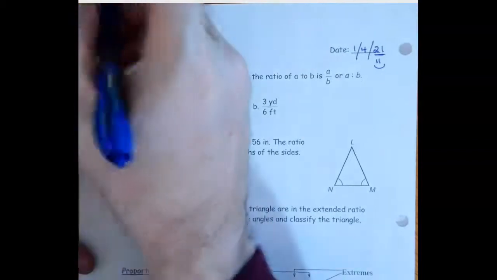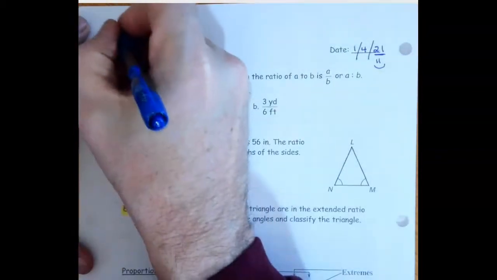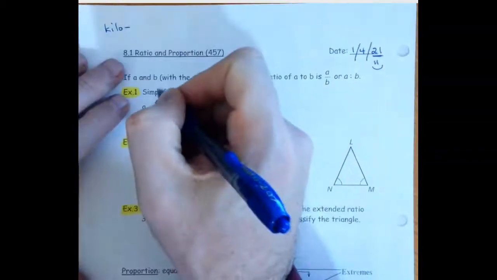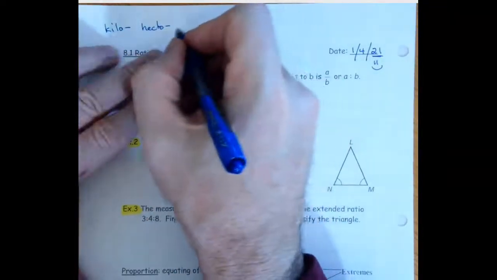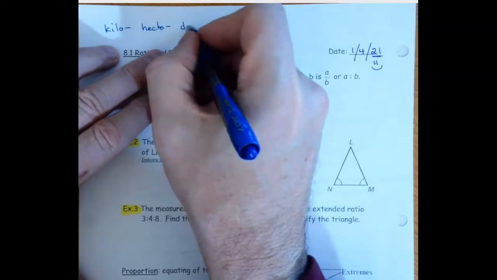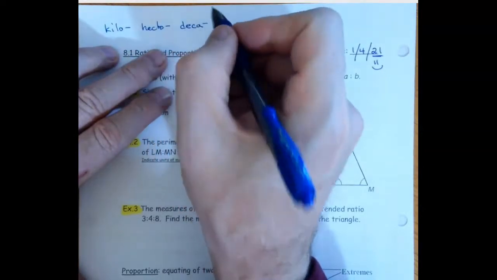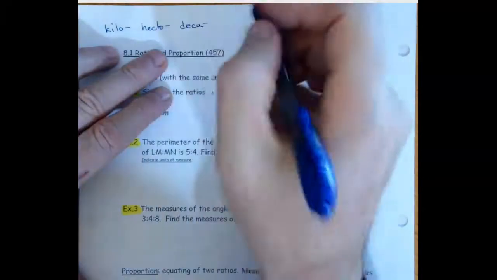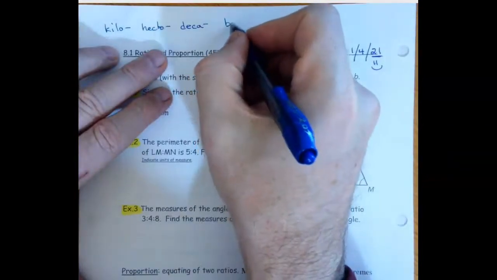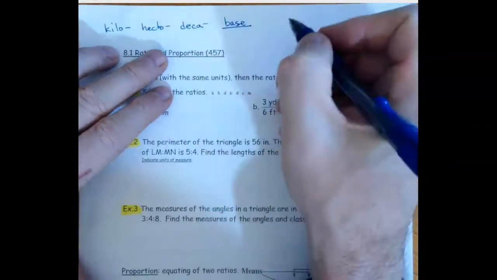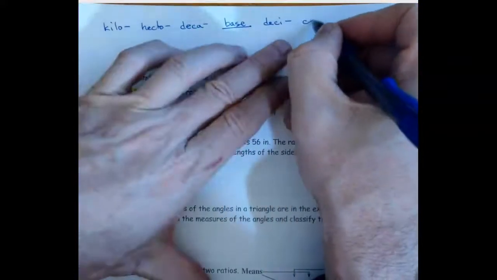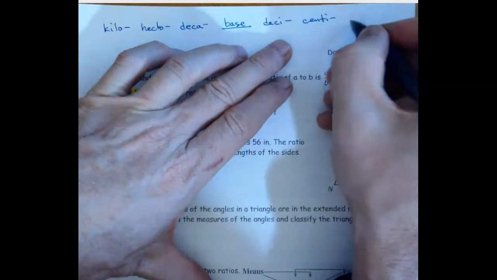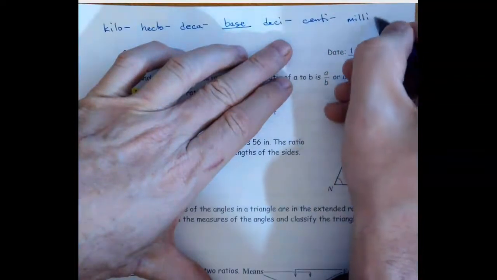King Henry, so King is kilo, the prefixes, right? King Henry, hecto. King Henry died, deca. By, that's the base. Drinking, chocolate, milk.